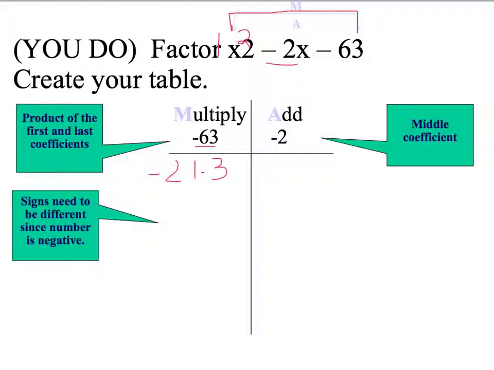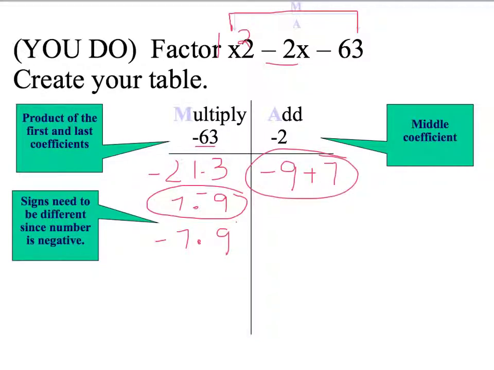What about 7 times 9? If this becomes negative, that won't work. Actually, let me erase this. Here would work better: negative 9 plus 7 would give me negative 2.